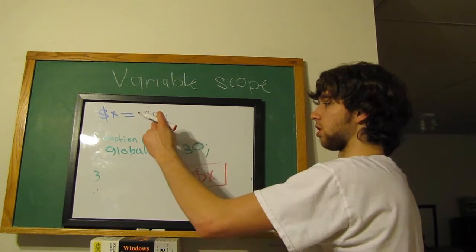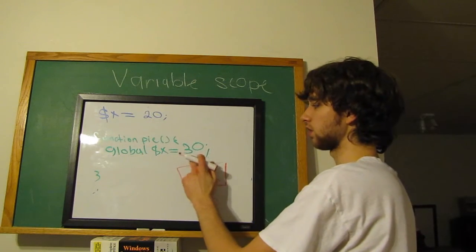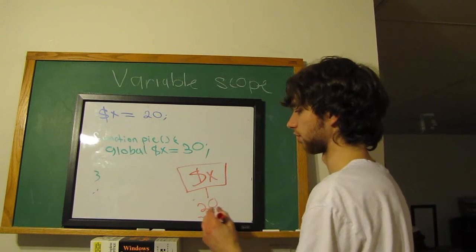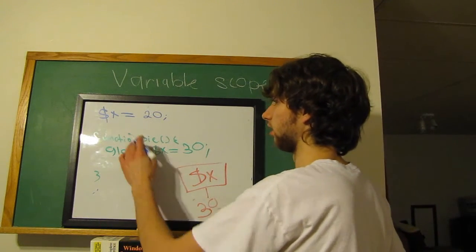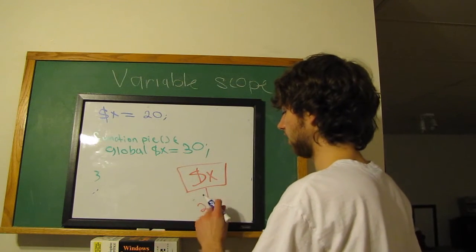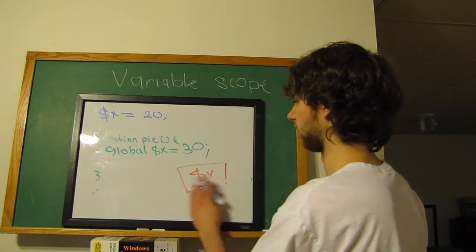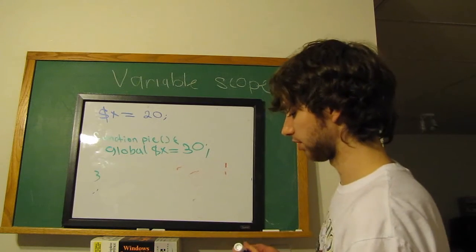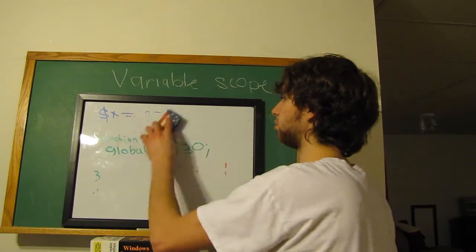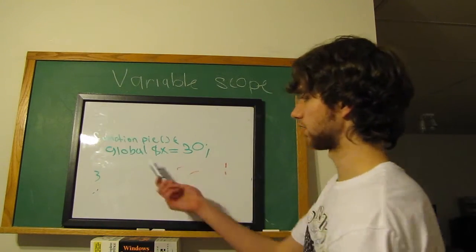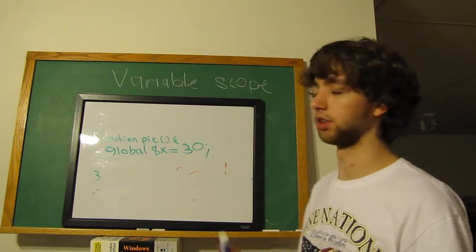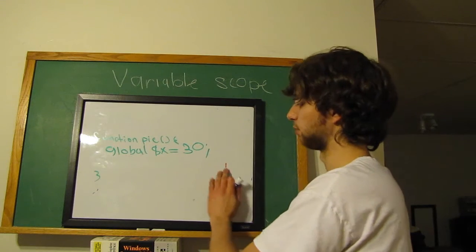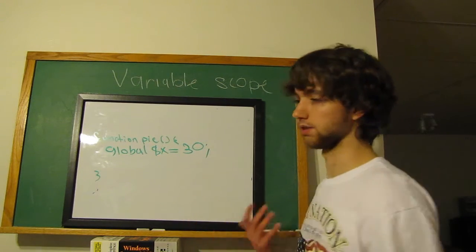But then as we go on in the program, we reach this function, we change that value to 30. And then out here, if we use the same variable, it's going to change it to whatever we make it out there. Just make sure when you're defining it that you put the word global before it. Otherwise it's not going to point to that global variable. It's going to point to that specific variable within that function or whatever else like that.